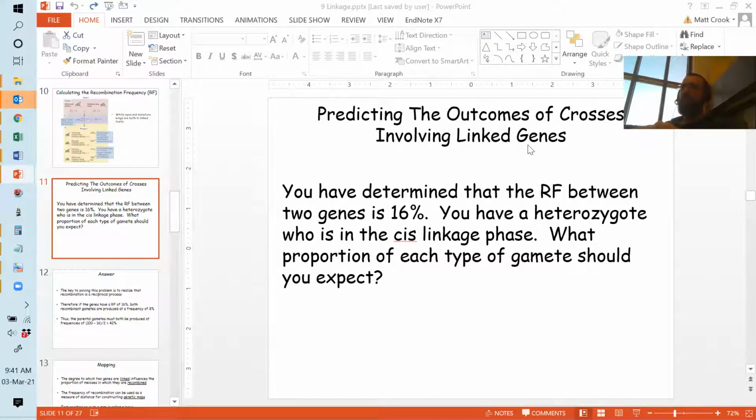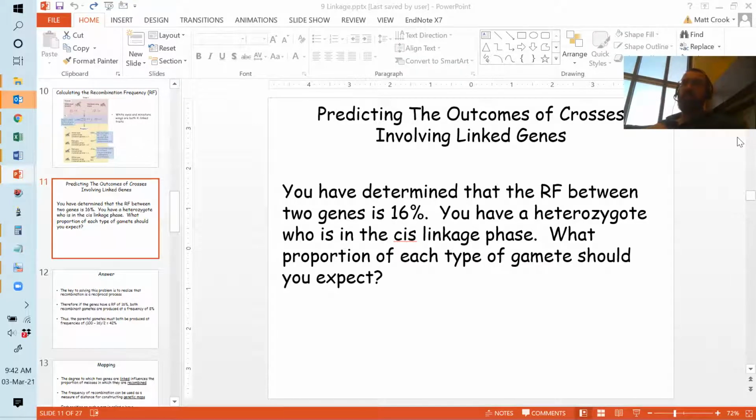Doesn't matter whether they're in cis or trans. All that tells us is how the alleles are present on the different chromosomes, right? So in terms of actually the recombination frequency and percentage recombinance, it makes no difference whether they're in cis or trans.